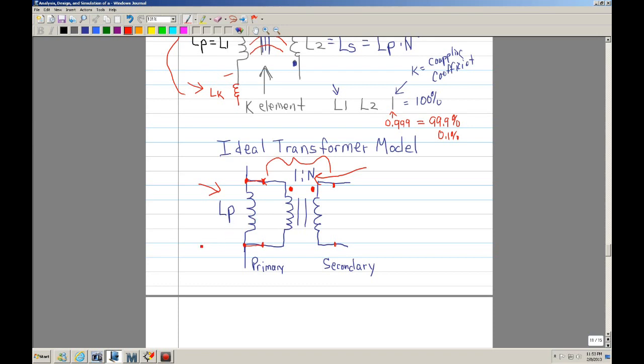Okay, so this inductor will represent the magnetization current, or the primary actually. So you're going to have current going through here. So by putting an inductor and using an ideal transformer, you can actually model a transformer. Okay, and like I said, you have to define N.